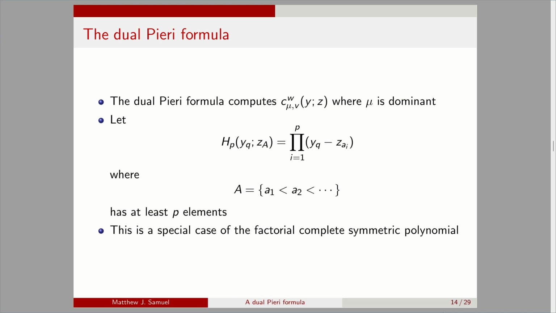So this set must have at least p elements for the degree of the polynomial h_p(y_q; z_A) to be p. I call this h because it is a special case of the factorial complete symmetric polynomial.